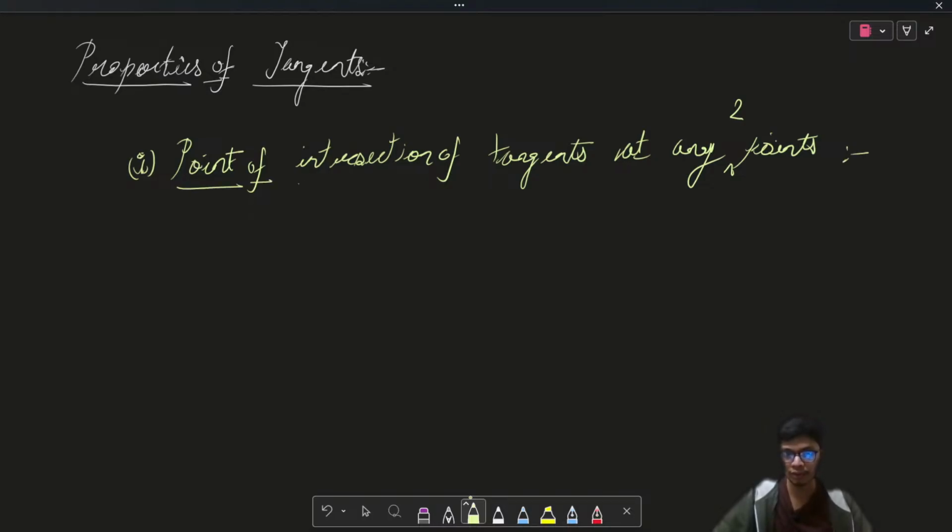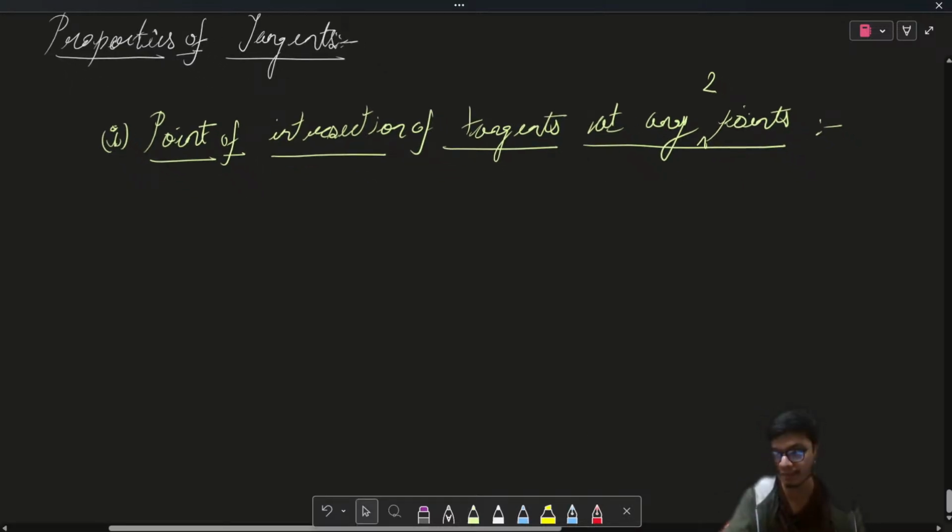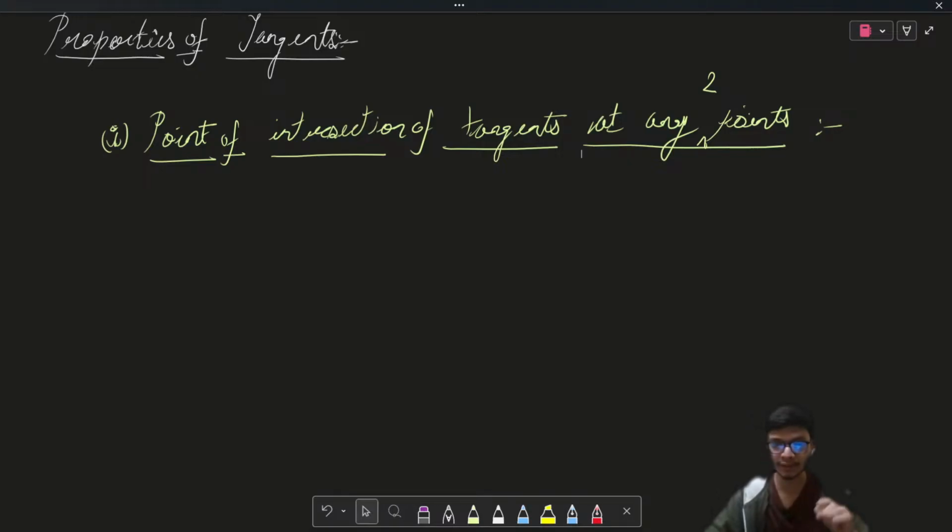Whenever we have two tangents drawn at 2 points, what will be the point of intersection, is it a fixed point or not, and how do we determine that particular point of intersection? Let us analyze that result. And why am I discussing this in our properties? Because we will see in our upcoming questions that the point of intersection of tangents at 2 points is a very useful result.